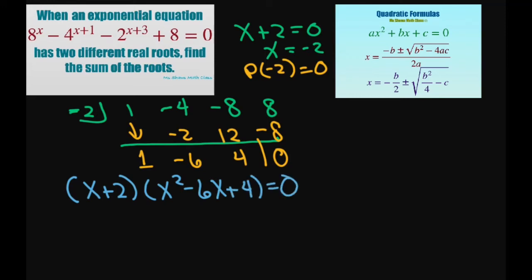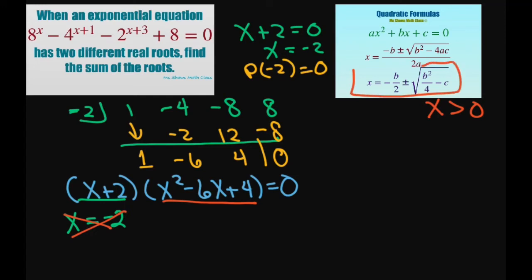So for this one, if we set it equal to 0, big X equals negative 2, which can't be true, so we have to disregard it, because remember, big X is always going to be positive. Now let's look at this one. The only way to do this one is with the quadratic formula. So here's your quadratic formula, a simpler version of it, so I'm going to use that one.